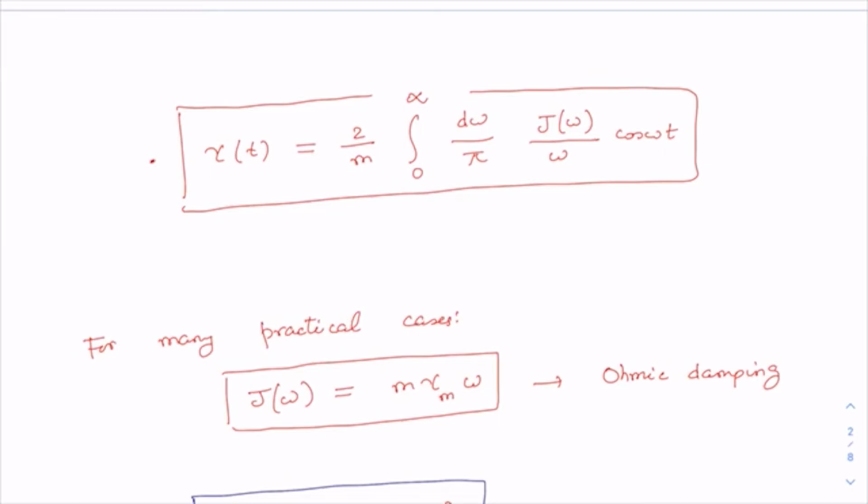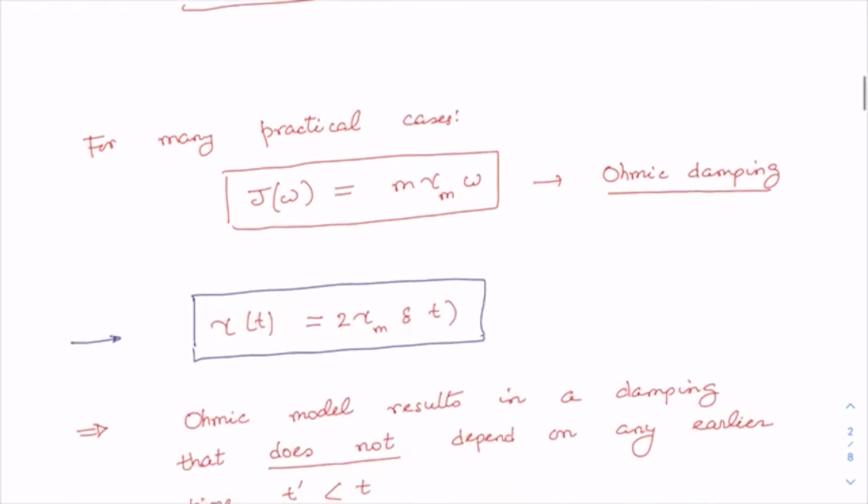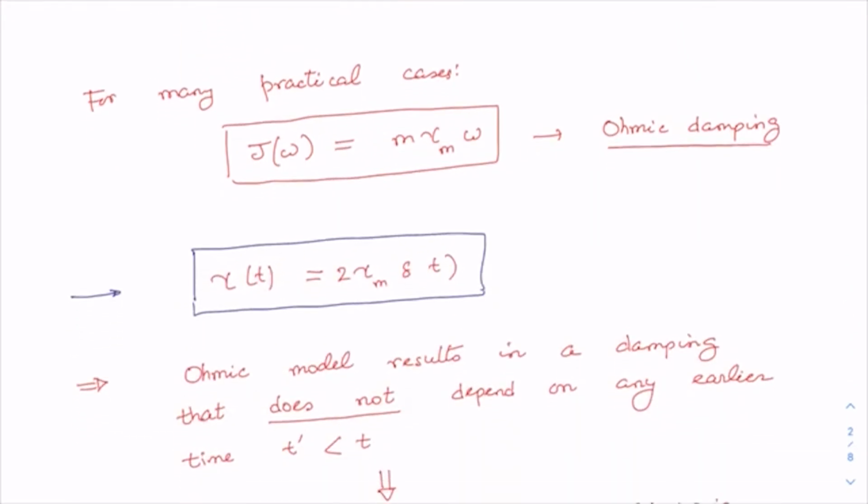In fact, for many practical cases, this bath spectral density can be taken as mass times the mechanical damping gamma m times omega. This is known as the ohmic damping. Under ohmic damping, this memory function will take this form.